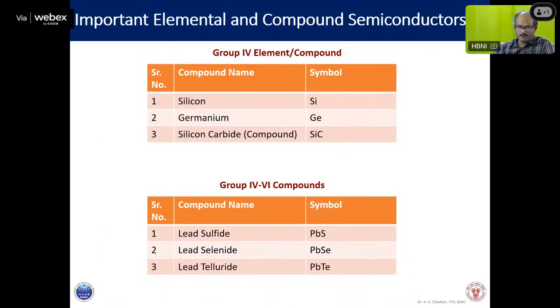So now, important elemental and compound semiconductors. We have already discussed this many times. Elemental semiconductors are silicon and germanium. If we see only group 4 semiconductors, then silicon, germanium, and silicon carbide also.